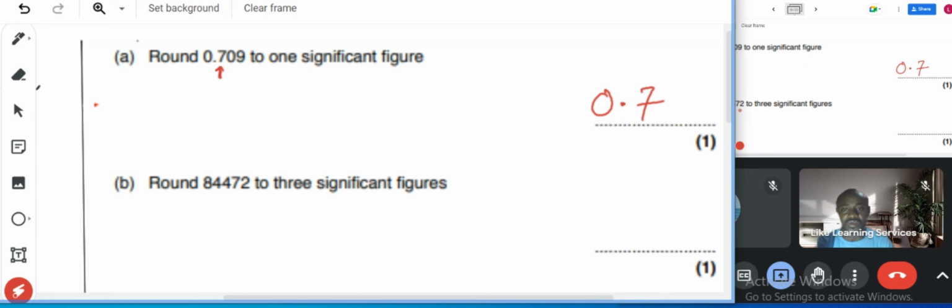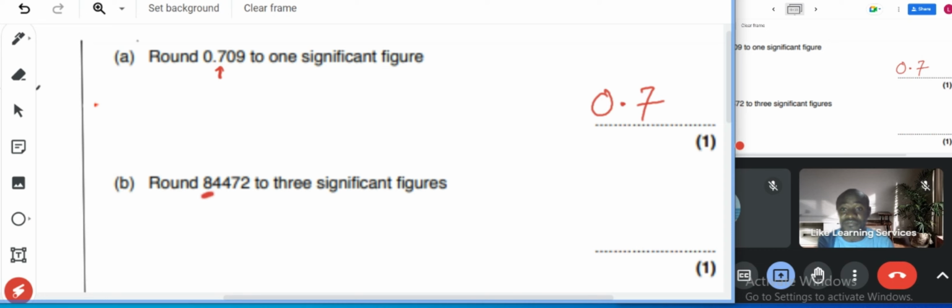Okay, let's look at B. Round 84,472 to 3 significant figures. Where are we stopping? No, 8. Which is 3 significant figures? Significant figure means you start from the very first number.